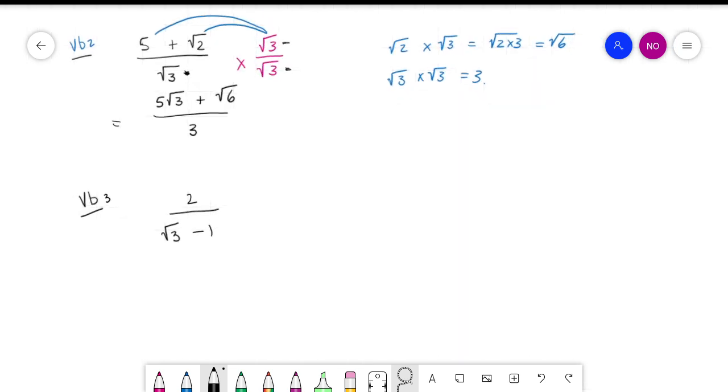Okay, nou vir dit wil ek net gou vinnig eers klein bietjie graad 9 werk met julle recap. If I have this, how can I factorize it? Hoe kan ek a kwadraat minus b kwadraat factoriseer? Yep.